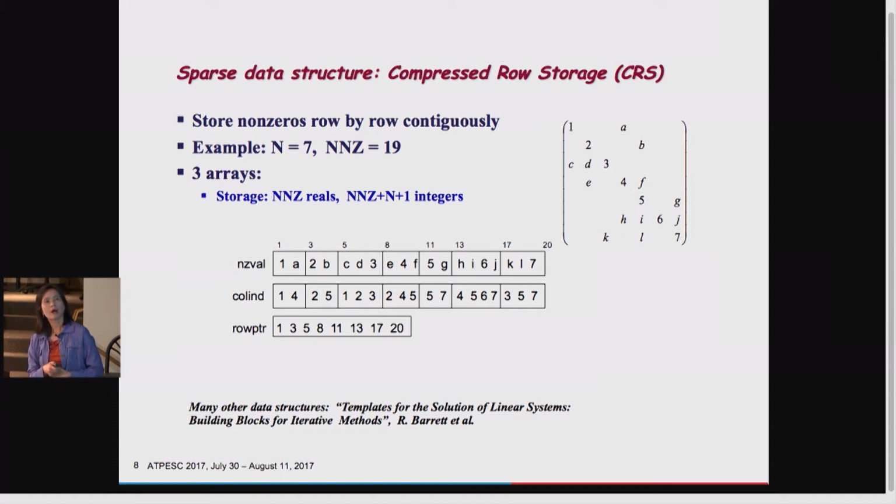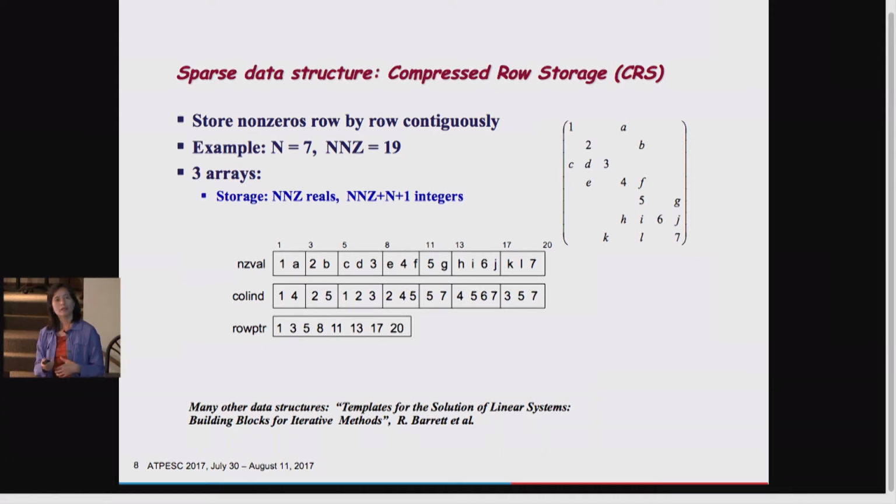And then you have a column index corresponding to each non-zero. For example, for this F, the column index is 5. And then you have a row pointer pointing to the beginning of each row of this data structure. So the first row starts from the first entry. The second row starts from the third entry. The fourth row starts from the eighth entry, etc.